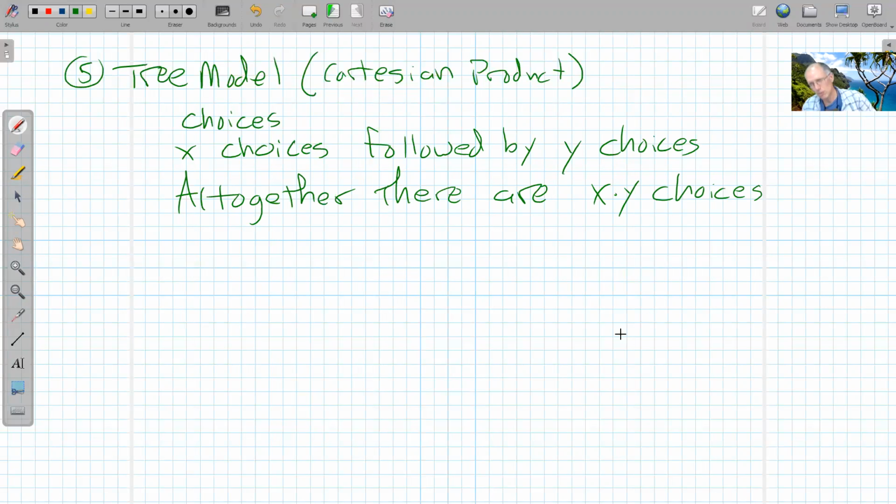And I can't remember the exact example I gave last time. It was related to something about cars.